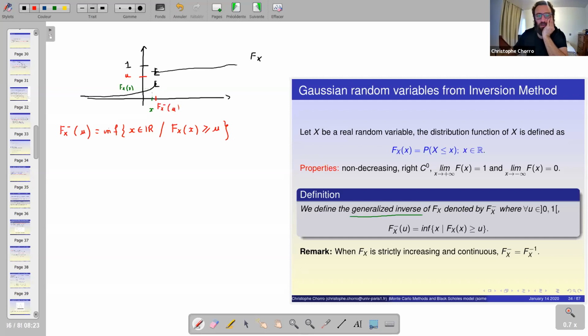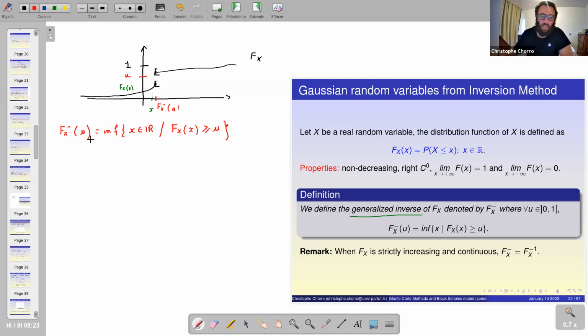That is the point where we have, for my example, the jump, because below we are less, and at this stage we become greater. So it is what we call the generalized inverse, and the fact that the generalized inverse is well defined is because we have these properties for the distribution function.